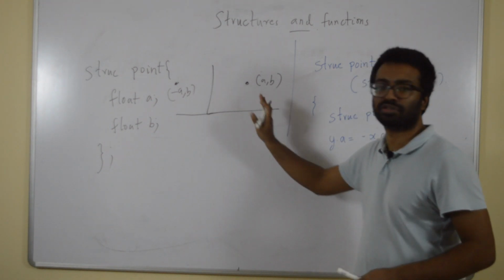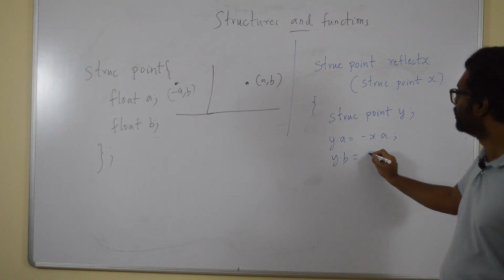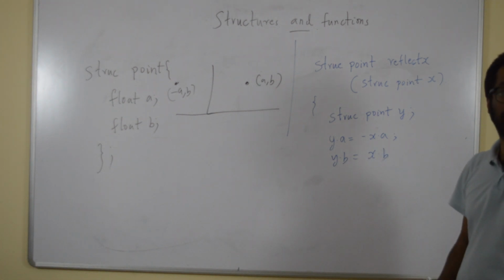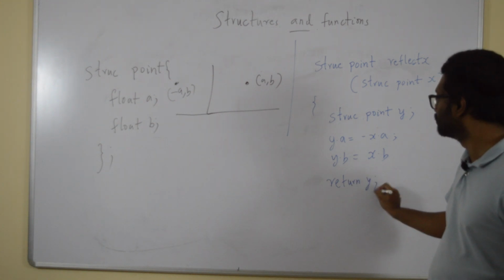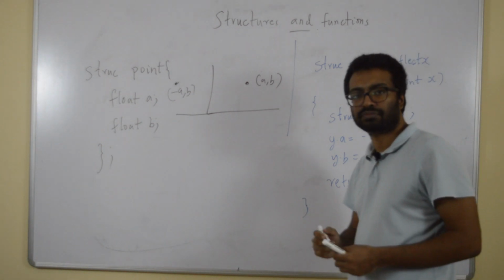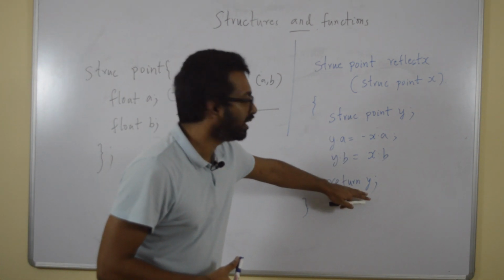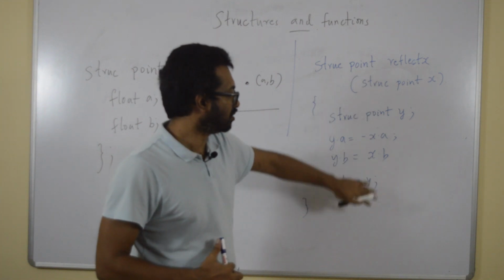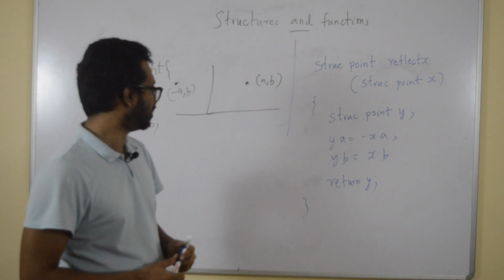And y dot b is the same as x dot b, and you simply return y. So this y is now returned. You can see the return type is struct point and y is also struct point.